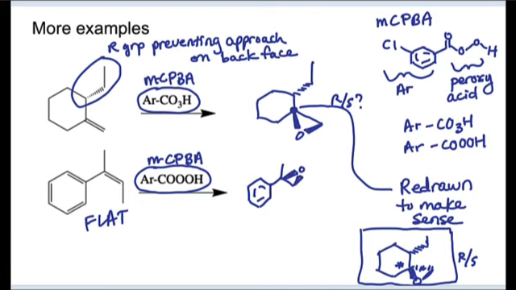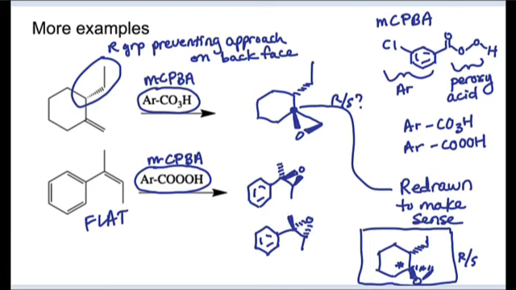And I'm going to draw the epoxide forming on one face, and then I'm going to draw the epoxide forming on the other face, and then I'm going to fill in the details so that everything makes sense, right? Going back to the top, my methyl group has to be shown as either dash or wedge. I've got too many planar bonds, so I'm going to redraw that methyl so that I can determine the stereo configuration at that site if I wanted to.